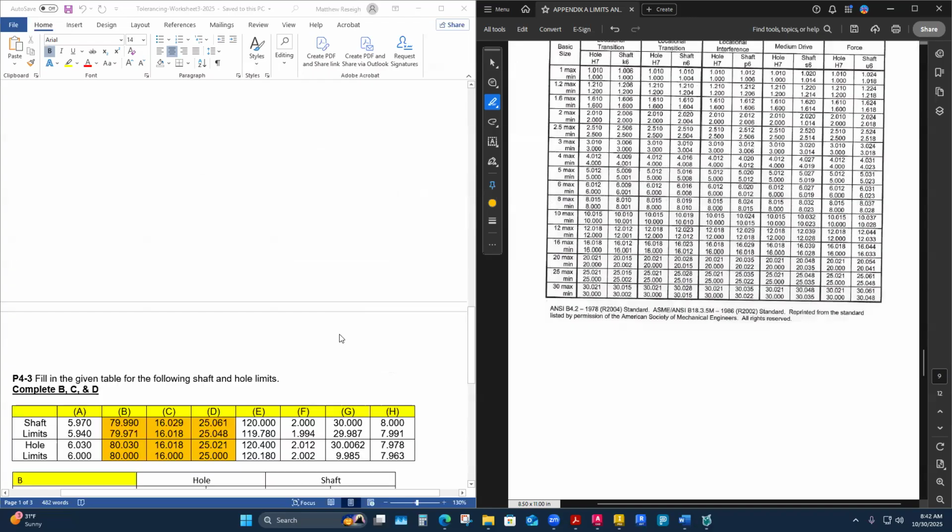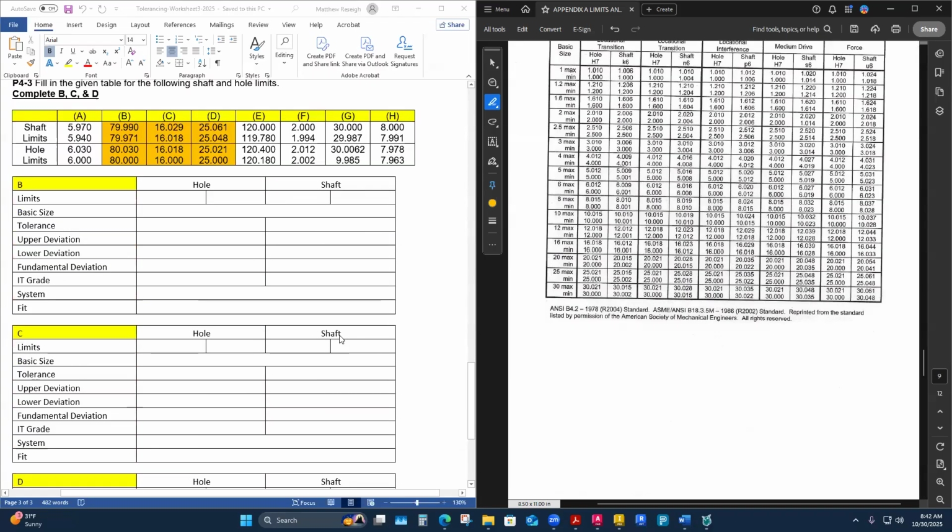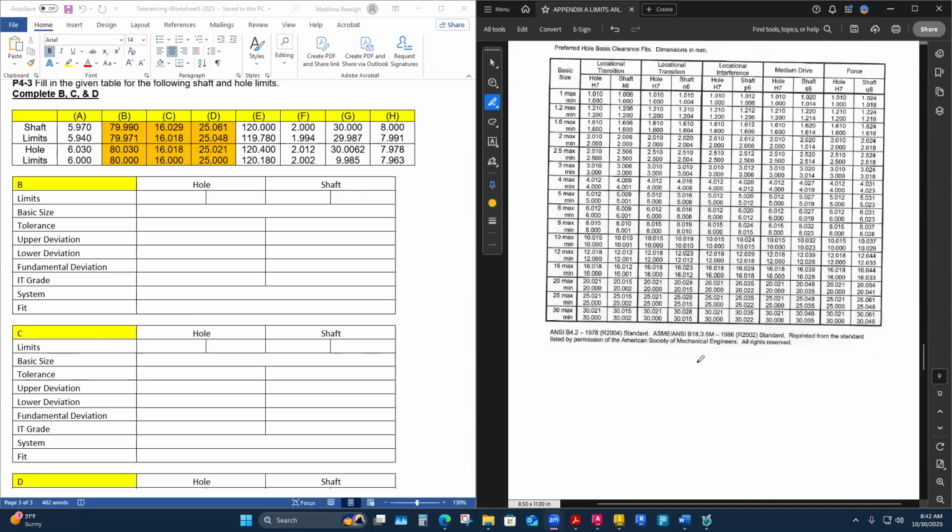Yeah, so what I'll do is these are the ones you need to do, B, C, and D. I think we've determined, I think I'm recording again. Yeah, I am. I think we've determined that you won't be able to come up with an IT grade system and fit for B because if you're looking for this size in this chart, you won't find it.